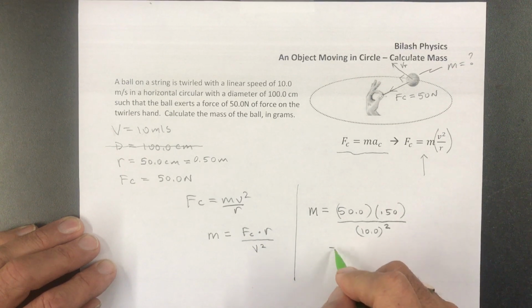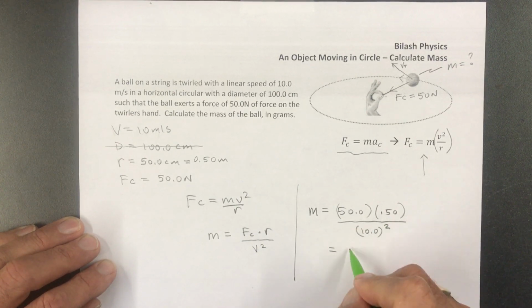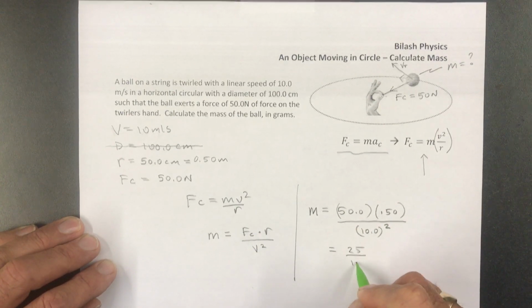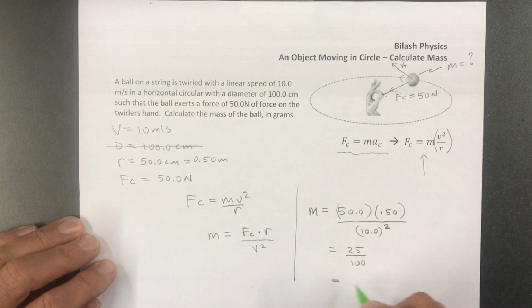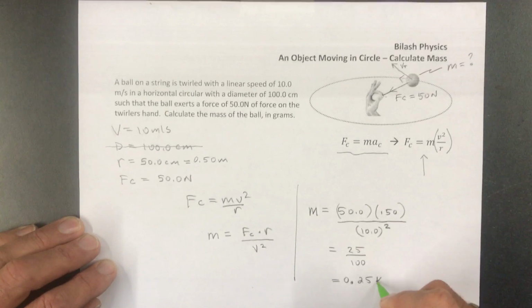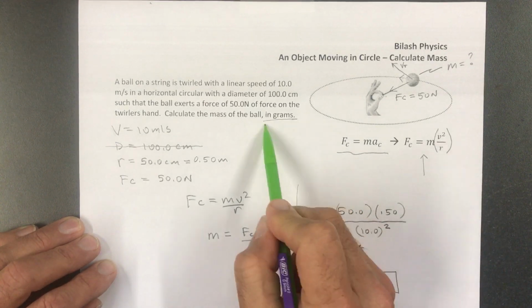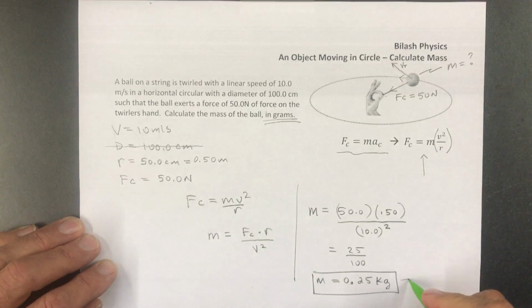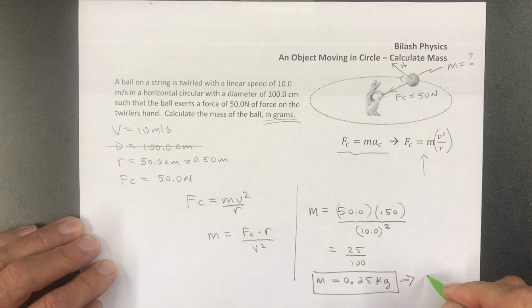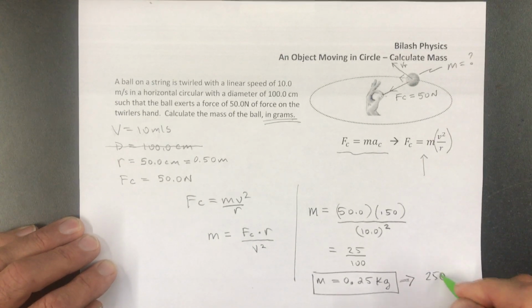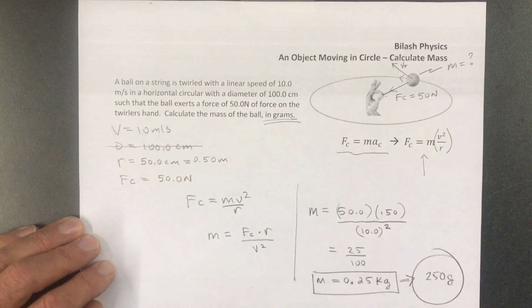So that's going to work out to 25 over 100, which is 0.25 kilograms. So the mass is 0.25 kilograms, and it asks you to report the answer in grams, so that converts to 250 grams. So that's the final answer.